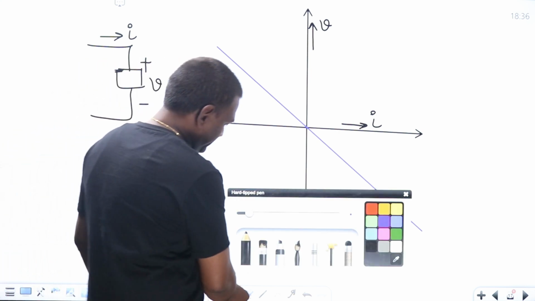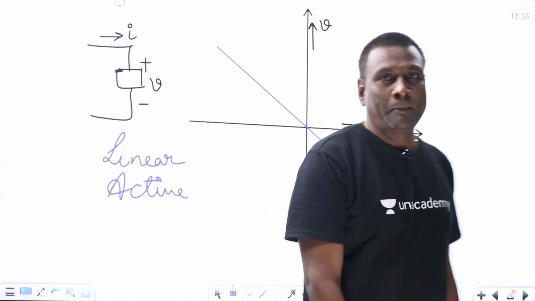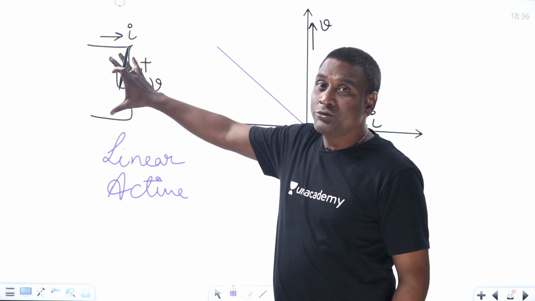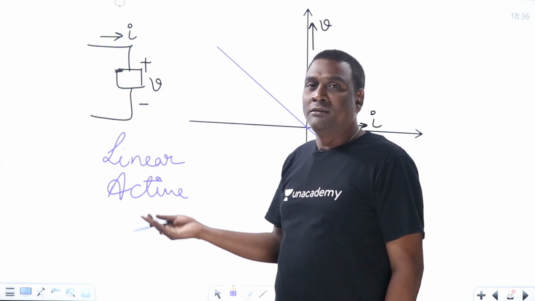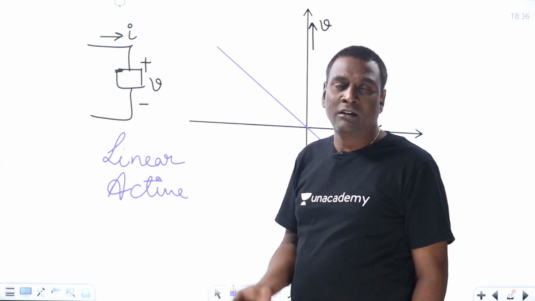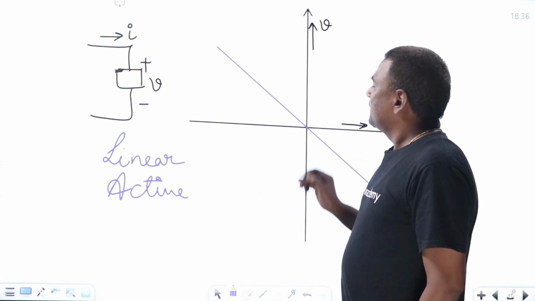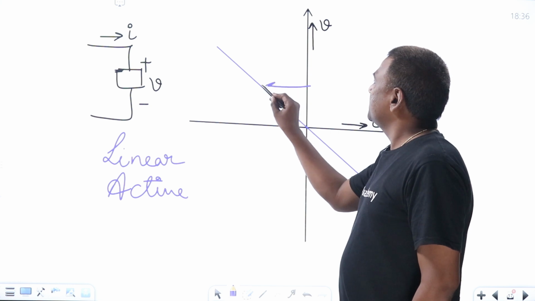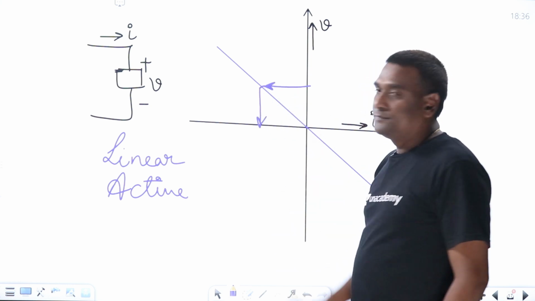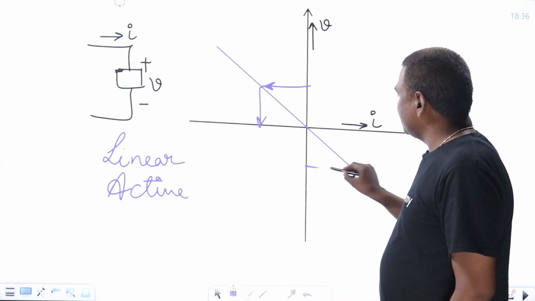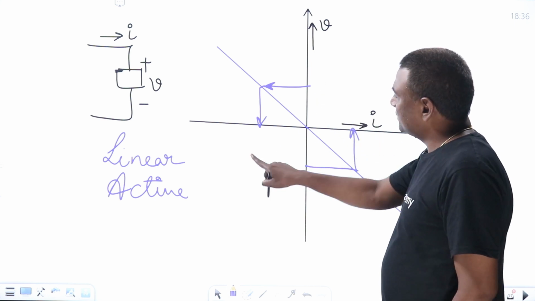Now, next point: is it unilateral or bilateral? For a two-terminal element, I can use unilateral, bilateral. For three terminal, in two-port networks, we use reciprocal or non-reciprocal. Now, bilateral: for this much input, this is the output. If the polarities of voltage are reversed, the current is going to be reversed.